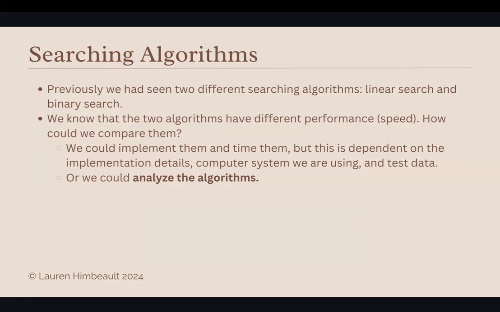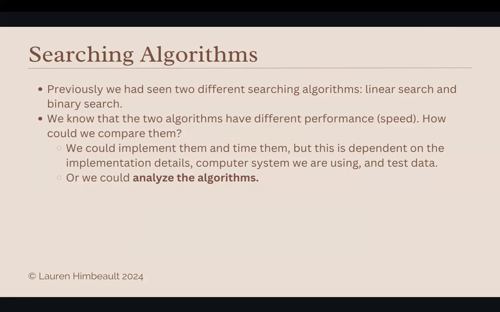One of the things we can do is actually implement them and time them. But that is very dependent on things like who implements it, how they choose to do it, their level of understanding of efficiency in those algorithms, and potentially the computer system we're using, if it's a new computer, if it's an old computer, if it has enough memory for certain things.